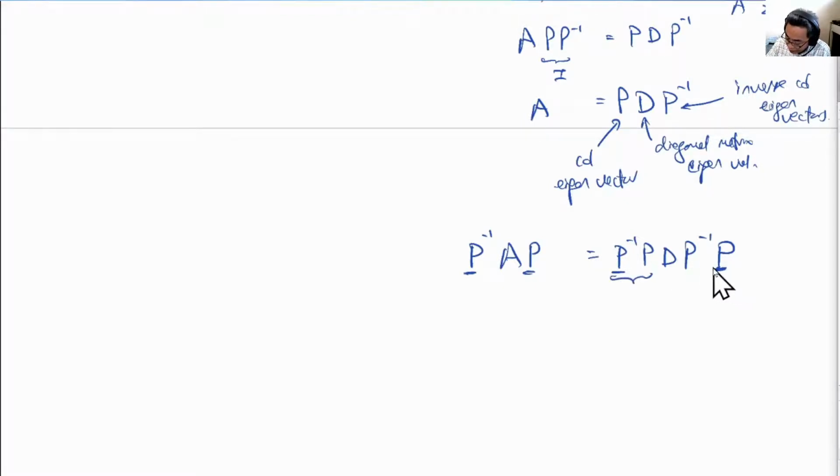Now this reduces to I, this reduces to I, therefore P minus 1 A P equals D. So we can diagonalize a matrix A into D by pre-multiplying with P minus 1 and post-multiplying with P.